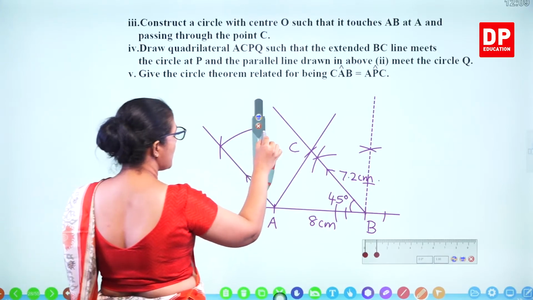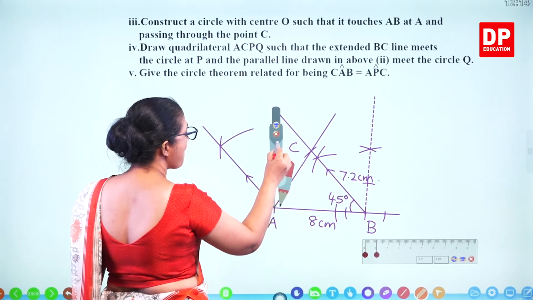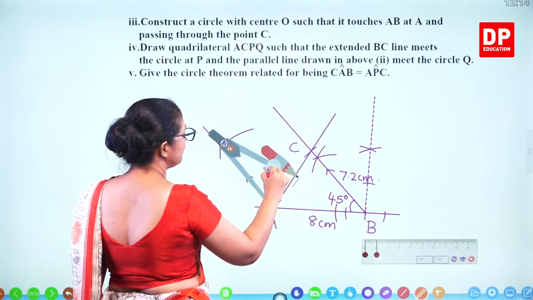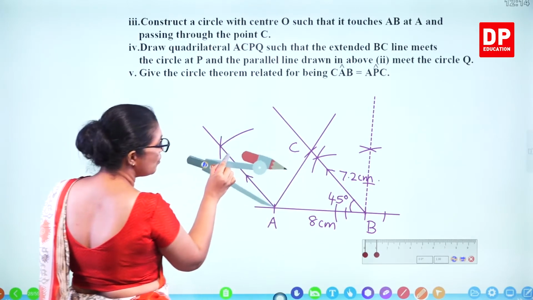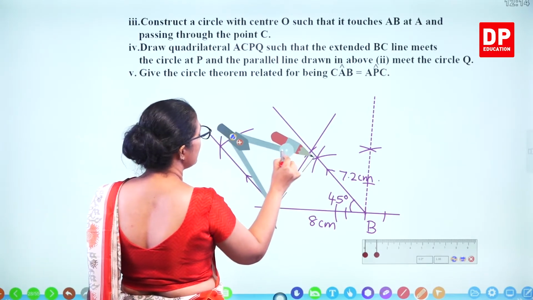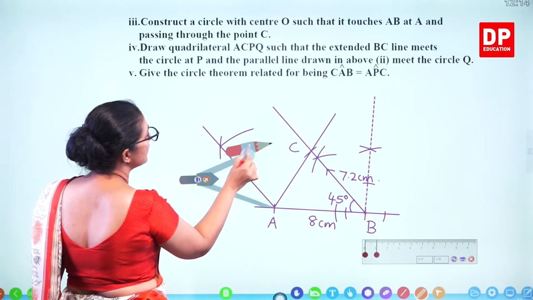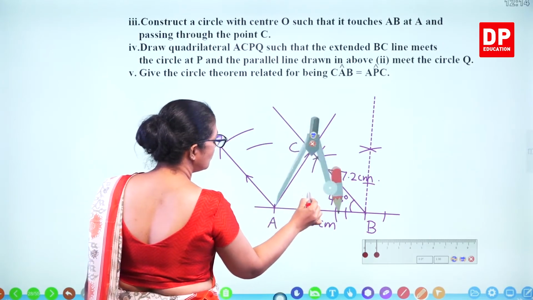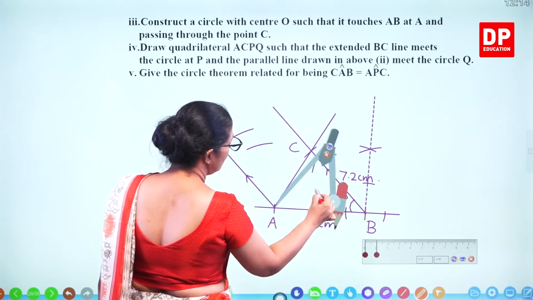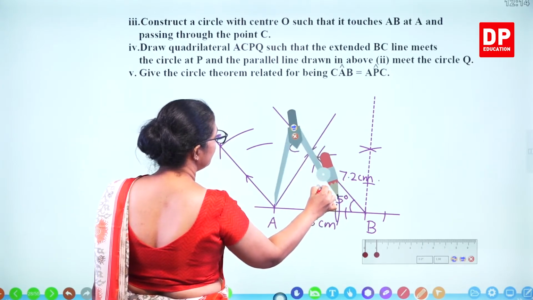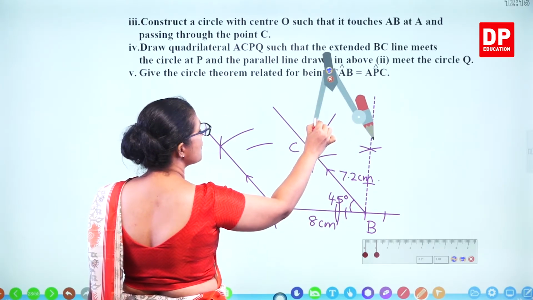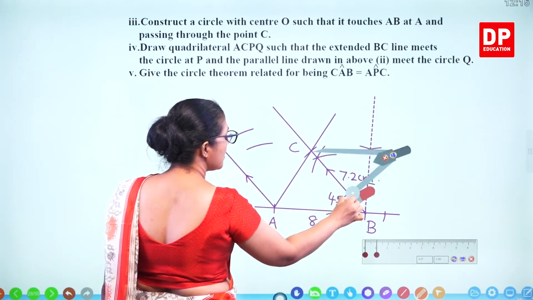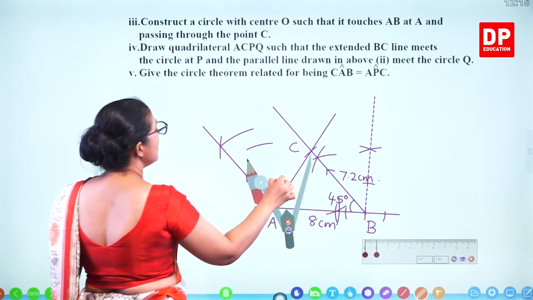We'll find the perpendicular bisector using the compass. You take any distance more than half of it, and we'll draw an arc here and below, somewhere there, and again keep on top of C point, and we need to find the intersecting point.